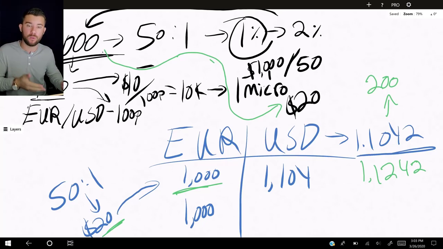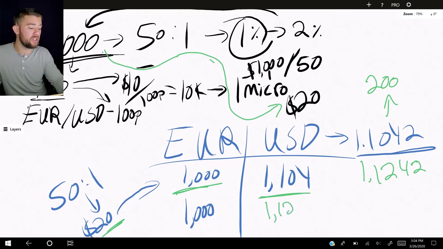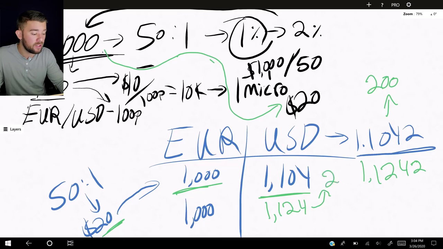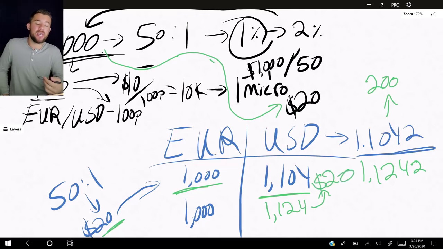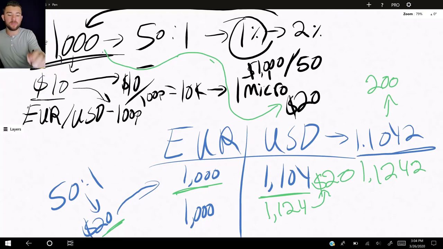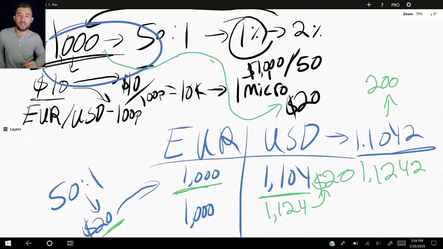So we say, okay, cool. But this time the euro dollar goes up by 200 pips. So now, instead of your investment being worth $1,104, your investment is now worth $1,124. Meaning that instead of losing $10, your investment actually went up $20. And the power of having leverage means that, remember, in order to get this position size originally, you would have had to spend your entire $1,000 account.